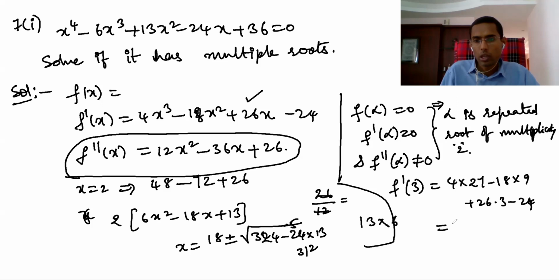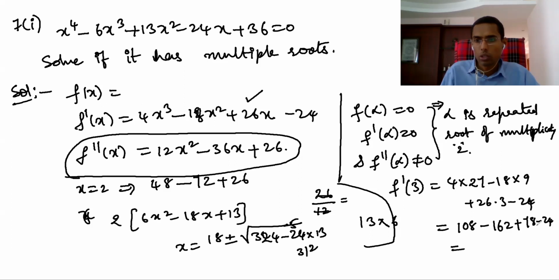If you calculate this, 27 fours is 108, minus 18 nines is 162, plus 26 threes is 78, minus 24.